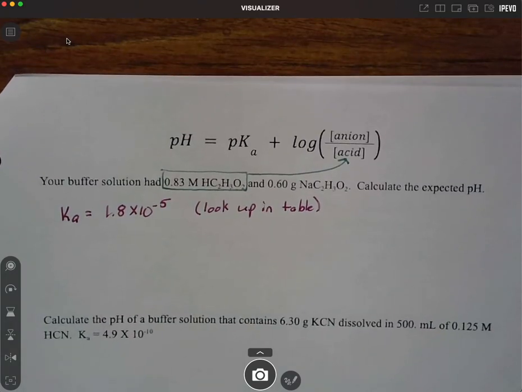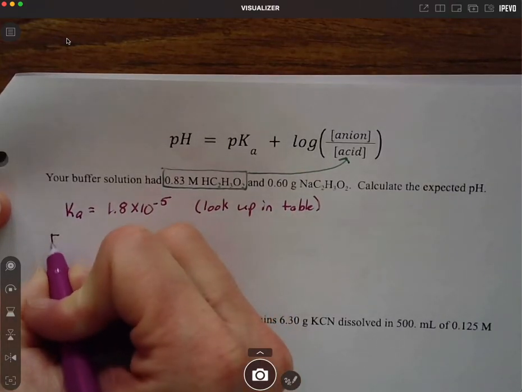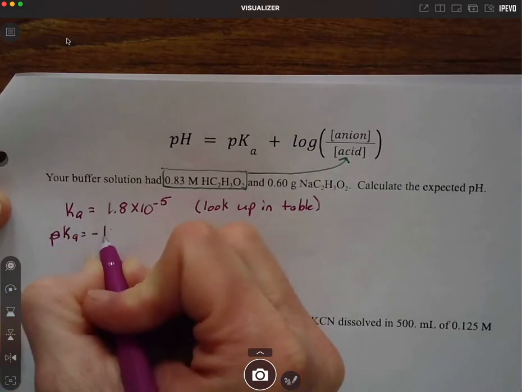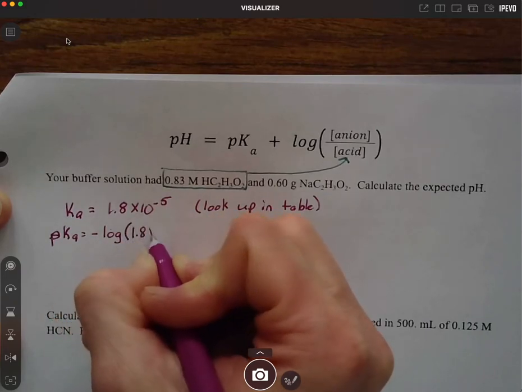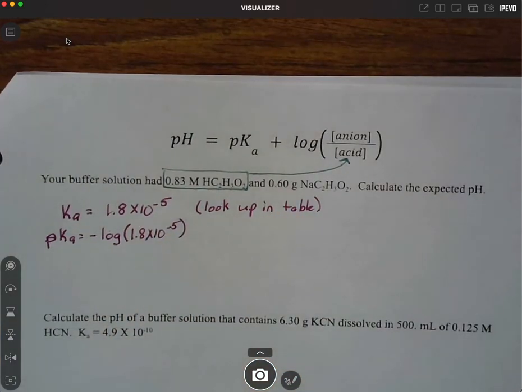We need to calculate the pKa, which is the negative log. So we need the pKa, which is the negative logarithm of the Ka, which is 1.8 times 10 to the negative fifth. That's going to take a calculator.